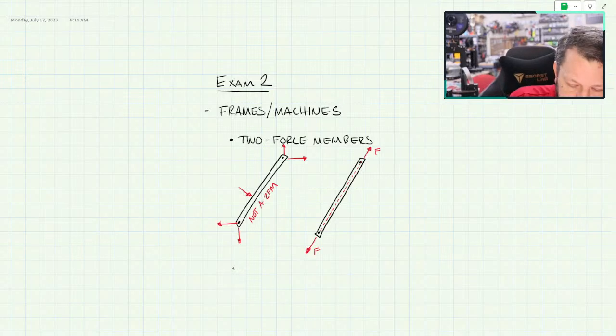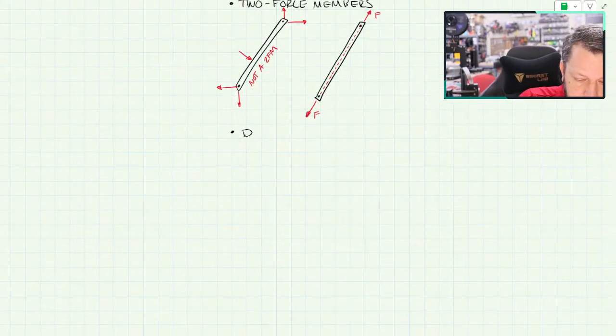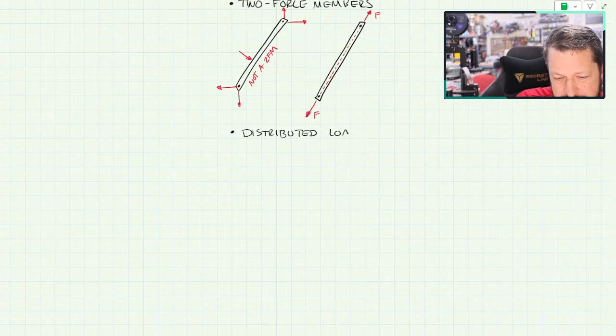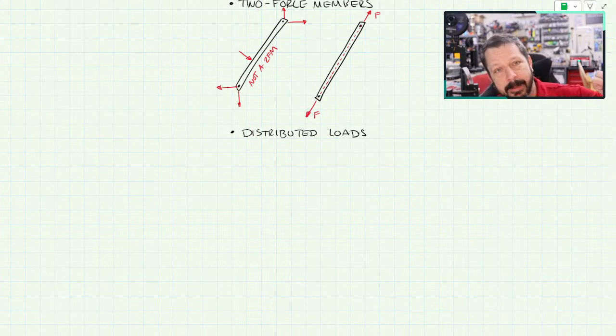You might need to know about distributed loads. Now we can have loads directly on the member. When we were doing trusses, the loads all had to be at a joint somewhere, like a point load.